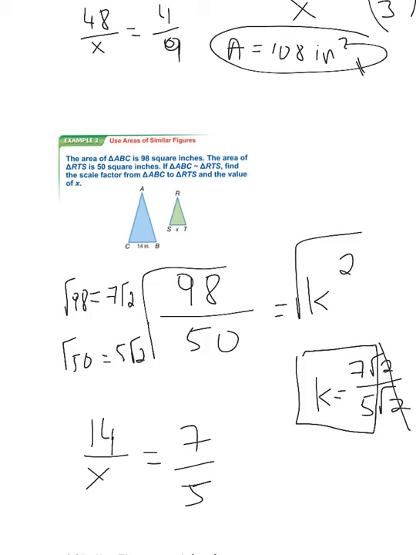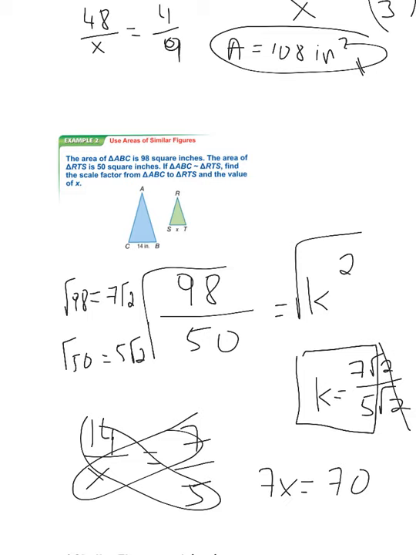If you cross multiply, actually you don't have to. To get from 7 to 14 you multiply by 2, so if this is 5, this is 10, but again, if you're confused, cross multiply. 7x is equal to 14 times 5, that will be 70, divided by 7, x is equal to 10.